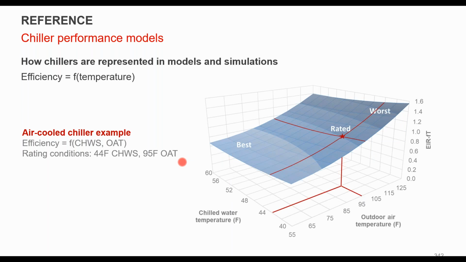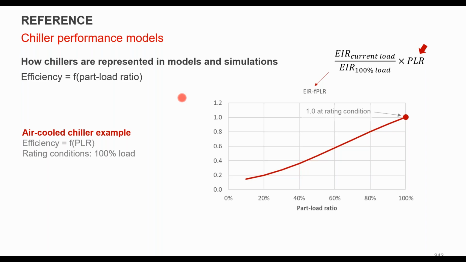So again, it's a surface plot where you can figure out where your operating conditions will be. But inside the model, this surface is actually captured as a polynomial equation, right? So at every operating condition, you can determine what the efficiency is, and in the previous one what the capacity is. And the efficiency also will vary as a function of part load ratio, right?